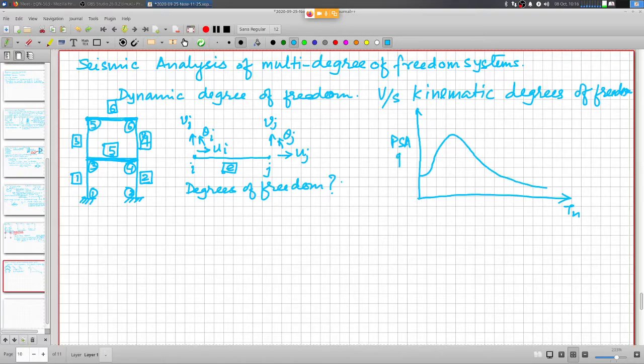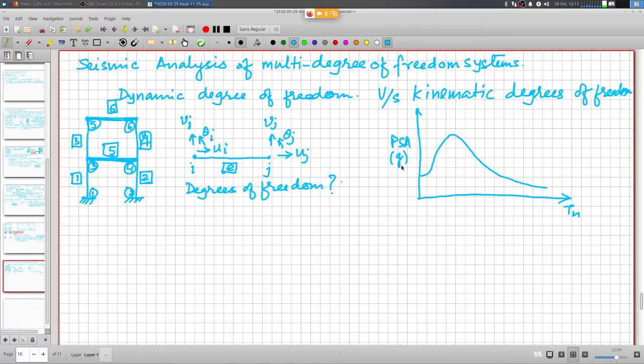PSA in terms of acceleration due to gravity units, in multiples of g. So this is a linear scale. This is what you will find in IS 1893, the PSA spectrum.